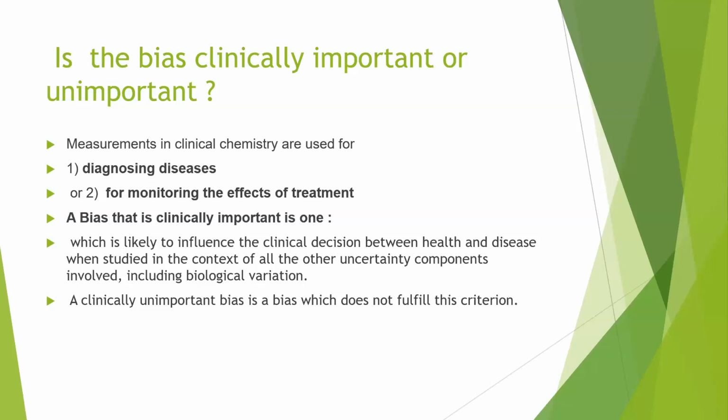So it's also important to know there is a bias, and further important to judge whether that bias is clinically important or not important. Because again, you're going to work to reduce the bias. Everything involves time, effort, cost, manpower, reagents. So it should be justified when you're working to reduce a particular bias.